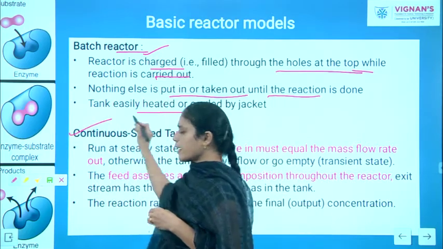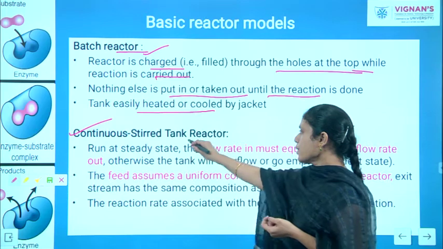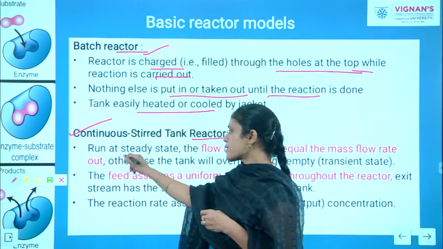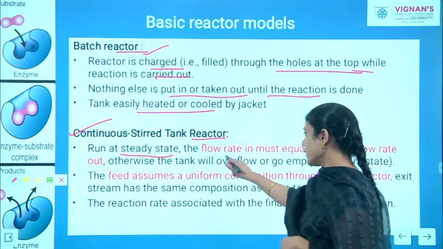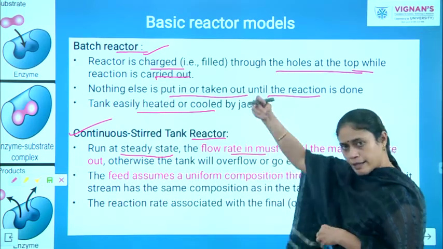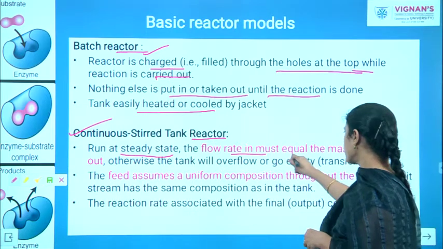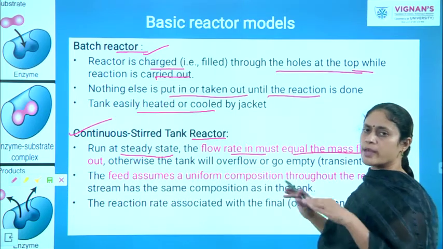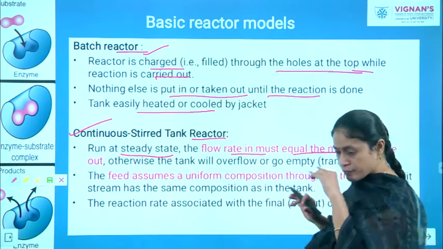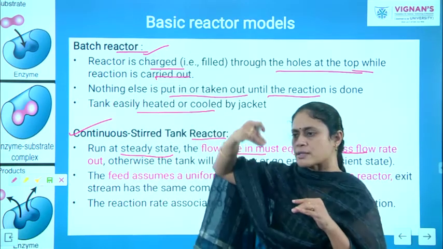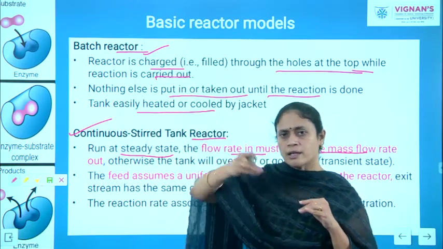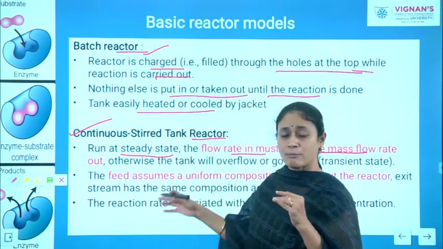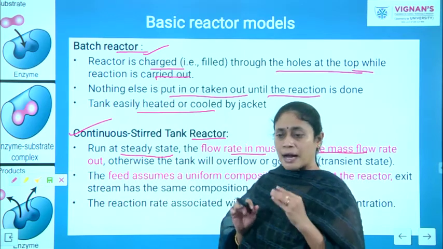And then the second basic model is your continuous stirred tank reactor. Here, the reaction is run at steady state, and the flow rate into the tank as well as the mass flow rate out of the tank should always be in equilibrium. That means the volume of your substrate entering your reactor, the equal volume of product is removed out of your reactor.